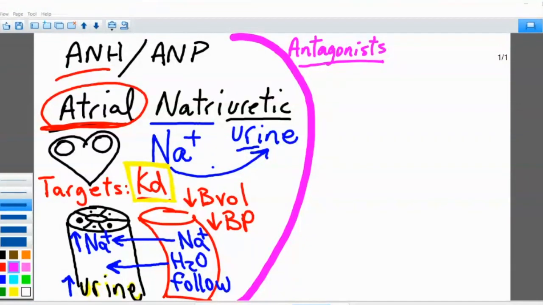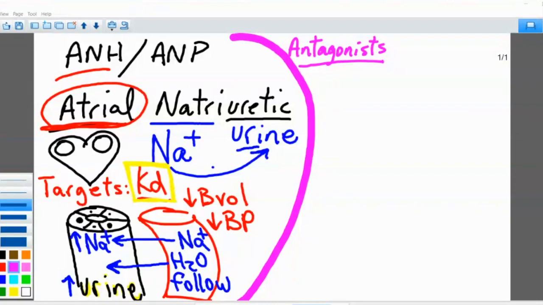When you have opposites, pick one hormone and understand it, or even have a trick to understanding it. And so for me, our trick is this word. Natriuretic tells us what it does. So we always have a mental hook to figure out what this hormone does.